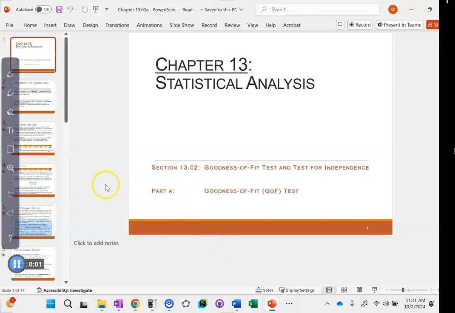So looking at what we have here, we would do observed minus expected divided by expected for each category. Is everybody okay with that? And then we add them all up.